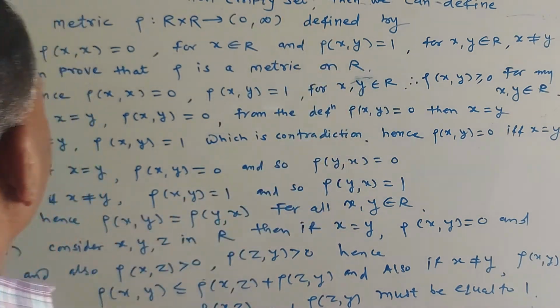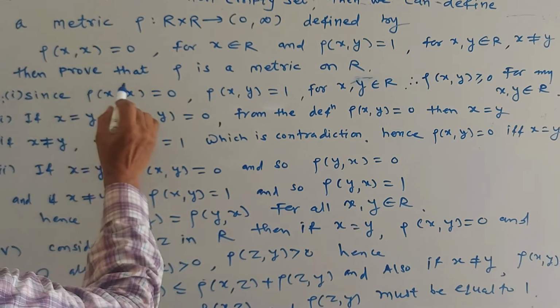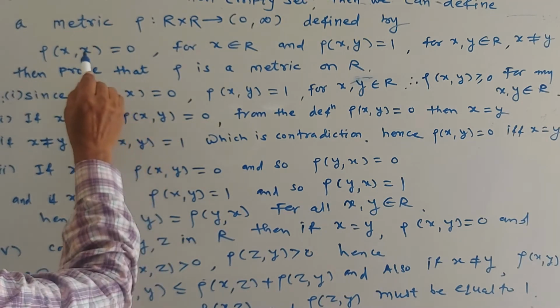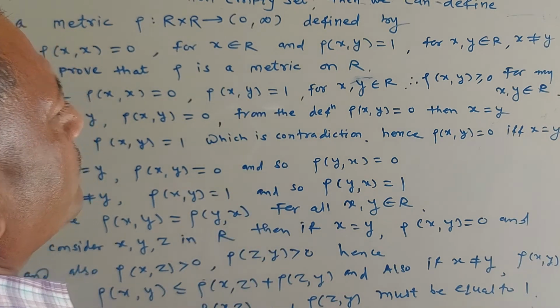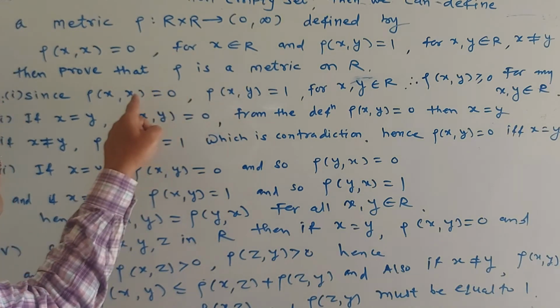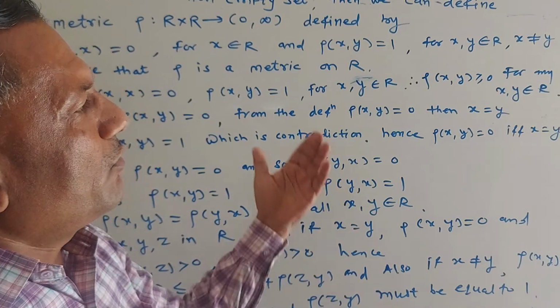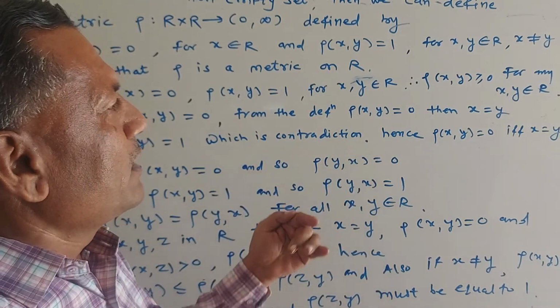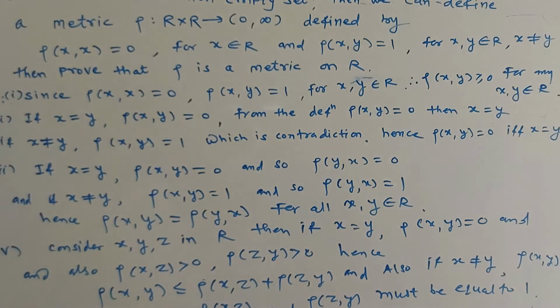You remember this. So the proof, or verification, is simple. What is given? You have given rho of xx is equal to 0 and rho of xy is equal to 1 for x, y belongs to R. Here rho of xy is greater than or equal to 0 for any x, y belongs to R. Therefore, the positiveness property is satisfied.